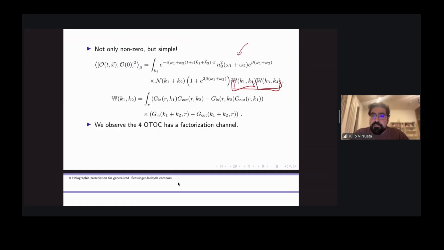This was unexpected because in principle in the bulk-to-bulk propagator, you need to worry about radial ordering, but all that just disappears for the out-of-time order correlator, only for them. Any other complicated 4-point function you may want to compute, in general you end up with some complicated relation, but the out-of-time order correlator has this nice factorization channel.